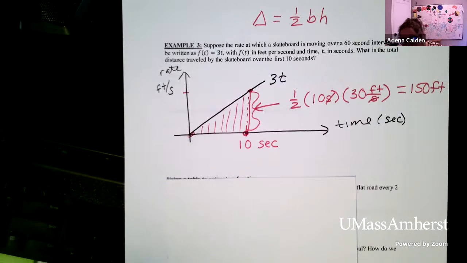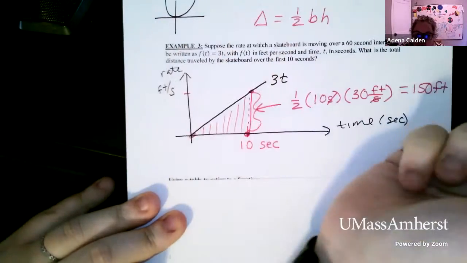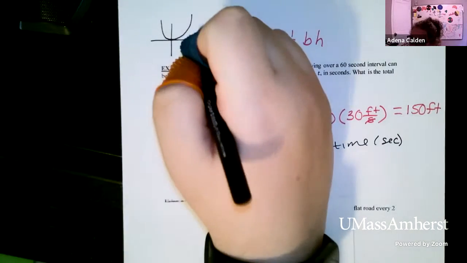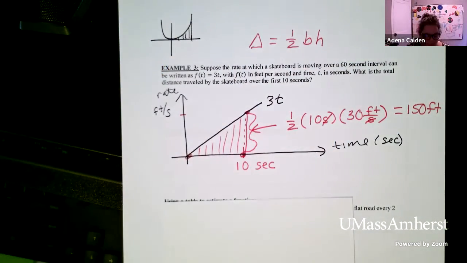right? So rectangles and triangles. However, if your function is curved, then we don't have nice geometrical shapes to fit in. So if you have something that's curvy and you want to find the area, that's sort of our next step. How do we find that area? We don't have a good geometrical shape.